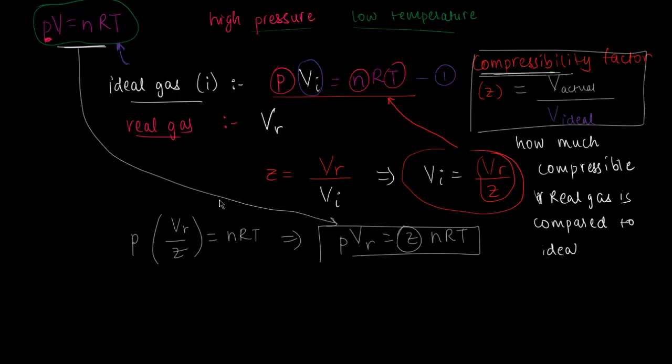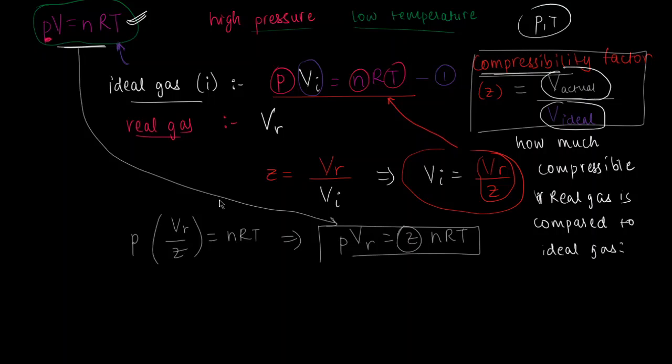If you went on and made a graph of it, at a particular pressure and temperature, you would find the ideal gas volume, V ideal, from the ideal gas equation, and measure experimentally the V actual, and you would divide them and get the value of your compressibility factor.